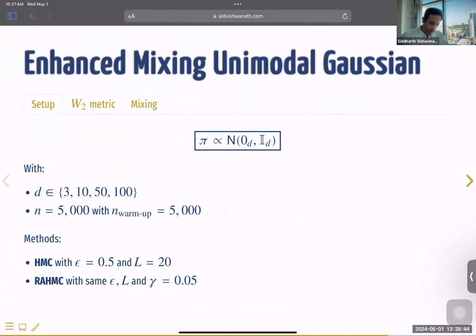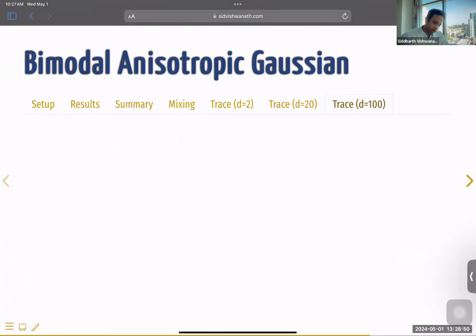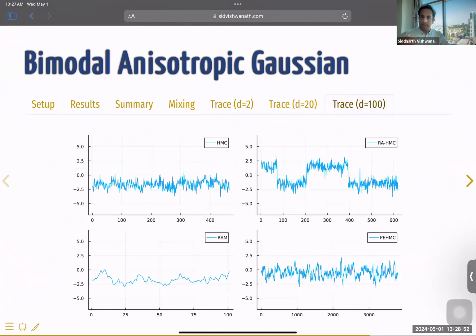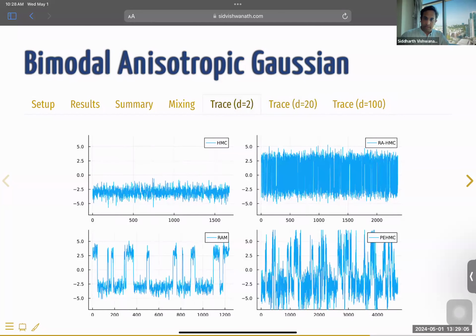This is unfortunately no longer the case when you go to 100 dimensions, right? But in 100 dimensions, you're still jumping between modes, as the plot on the top right over here is showing you. And these are the trace plots for 20 dimensions and 2 dimensions you see over here.